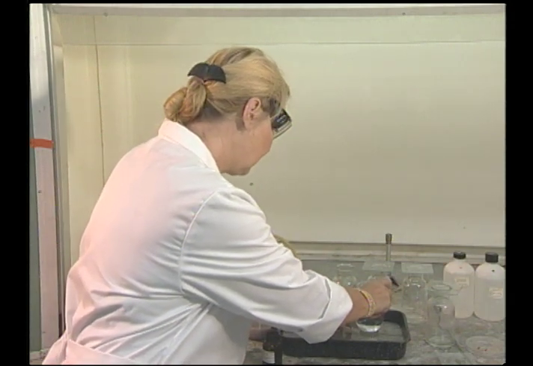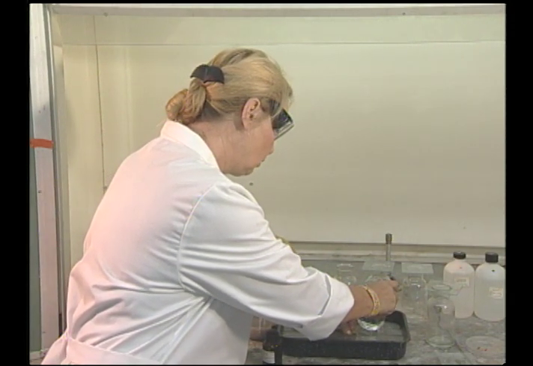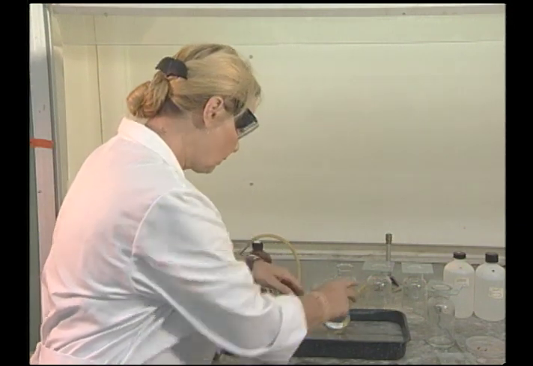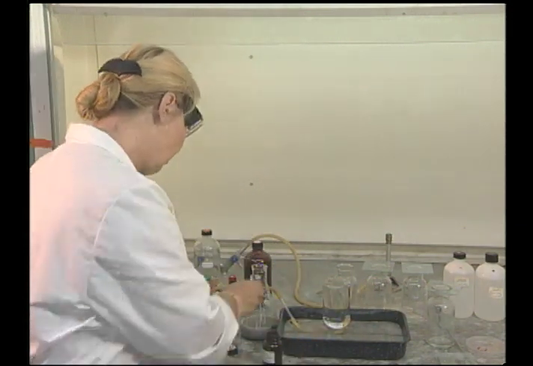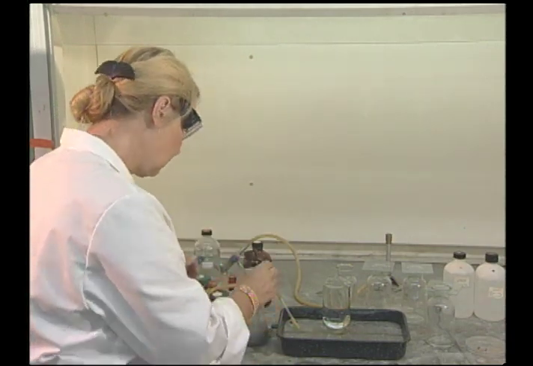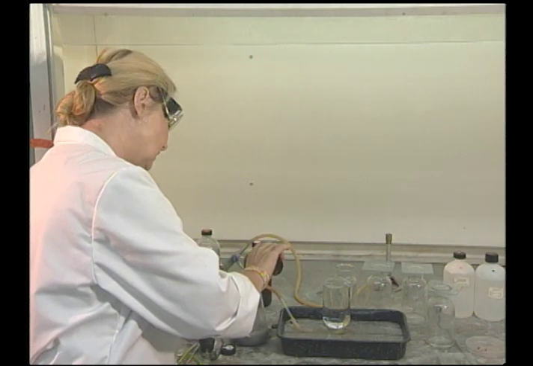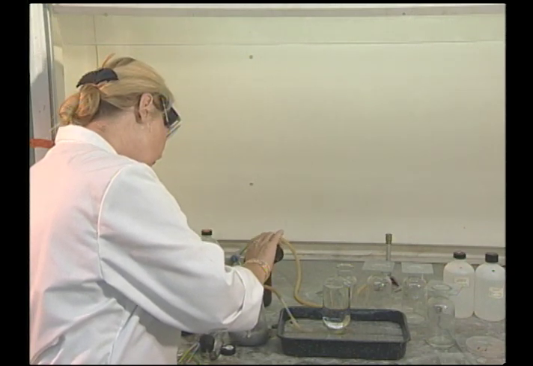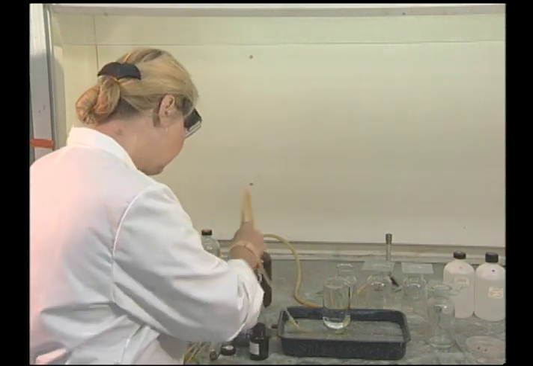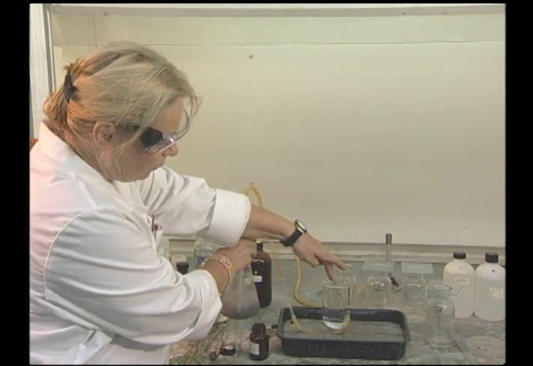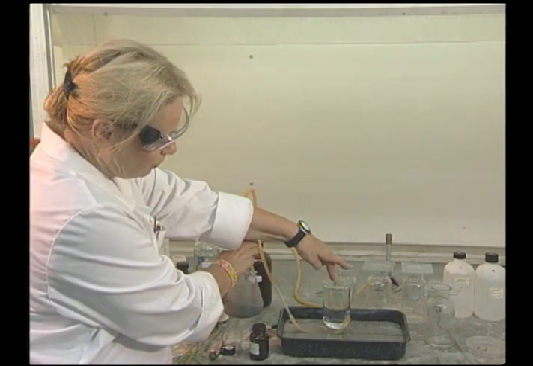And then I'll put that little rubber hose into the bottle, which will then release the oxygen from our reaction vessel, our gas generating setup. So I'll put some more catalyst in here. And notice how instantly the oxygen is being produced.